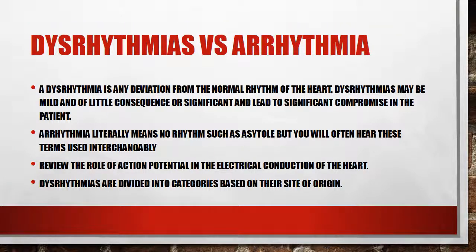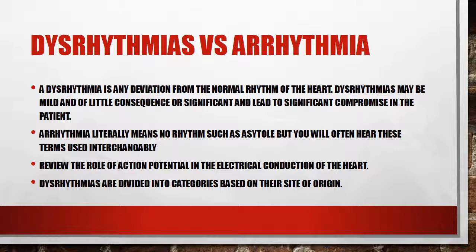I really could care less about these terms because I think they can be used interchangeably, but your book wants you to know that it's not okay to do that. So, dysrhythmia and arrhythmia are different terms. Dysrhythmia is a deviation from normal, whereas arrhythmia means without a rhythm, like asystole.